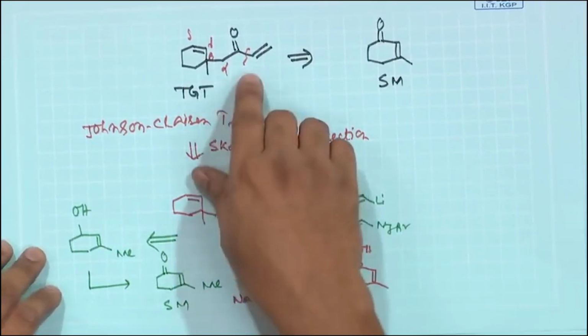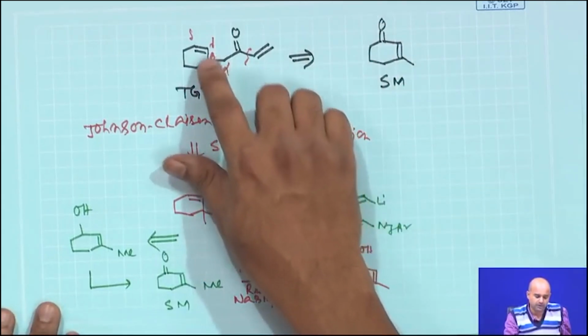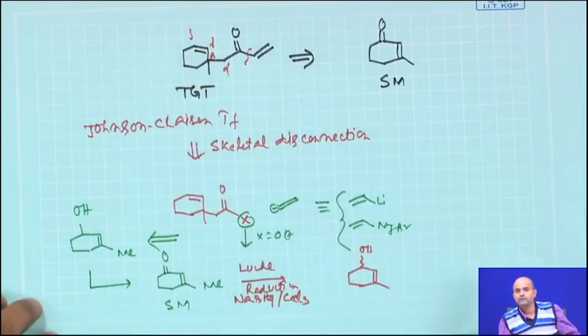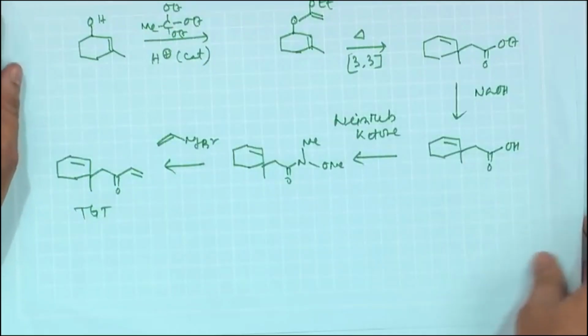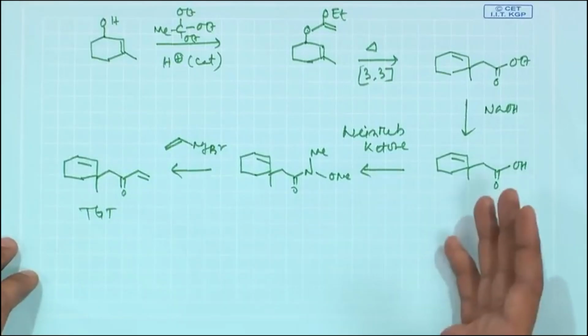The point is the skeletal disconnection is always there. You know that the target molecule has a skeleton which is nothing but an alpha beta gamma delta unsaturated ester. Now, for these gamma delta unsaturated esters, we already discussed that the Johnson Claisen is one of the best transformations. So, you can think of using the Johnson Claisen, and once the Johnson Claisen is done, you get the gamma delta unsaturated ester, then you can do a simple functional group interconversion or functional group addition.